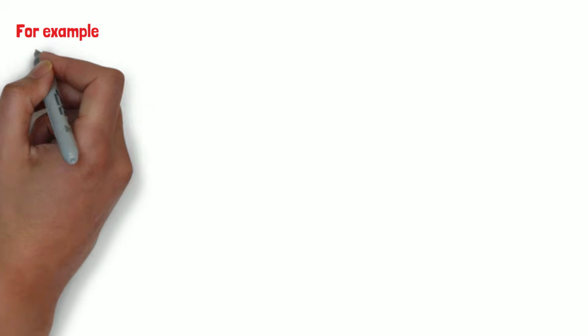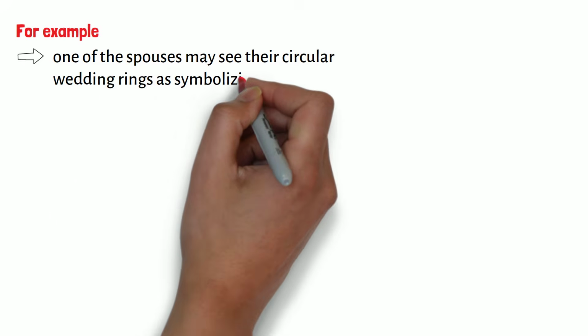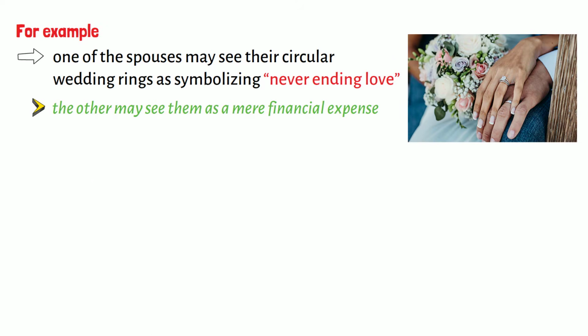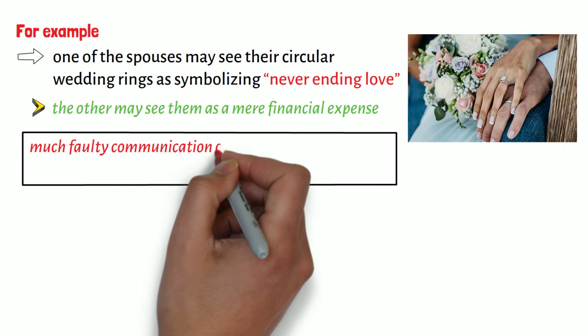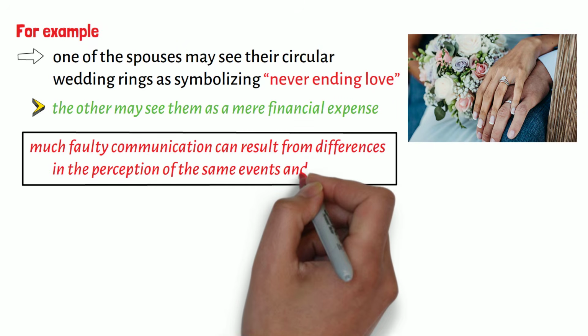For example, one of the spouses may see their circular wedding rings as symbolizing never-ending love, while the other may see them as a mere financial expense. And it is important to note that much faulty communication can result from differences in the perception of the same events and symbols.